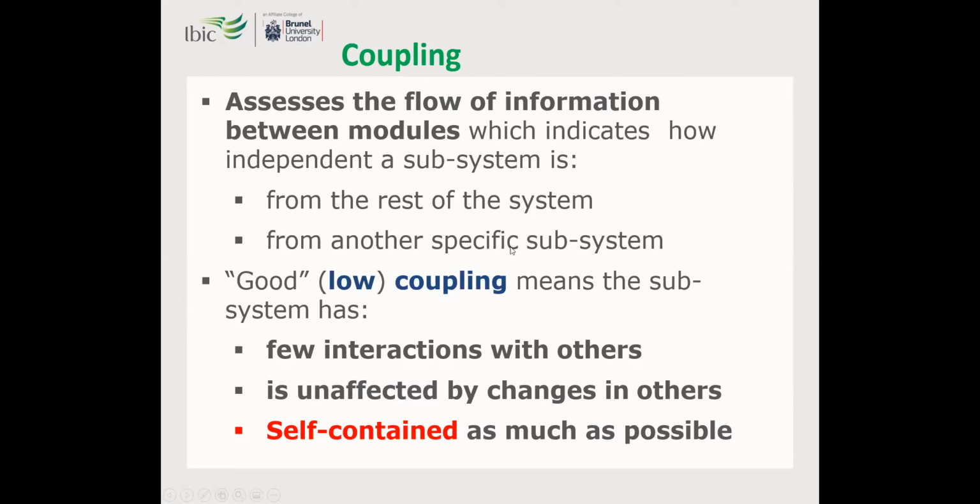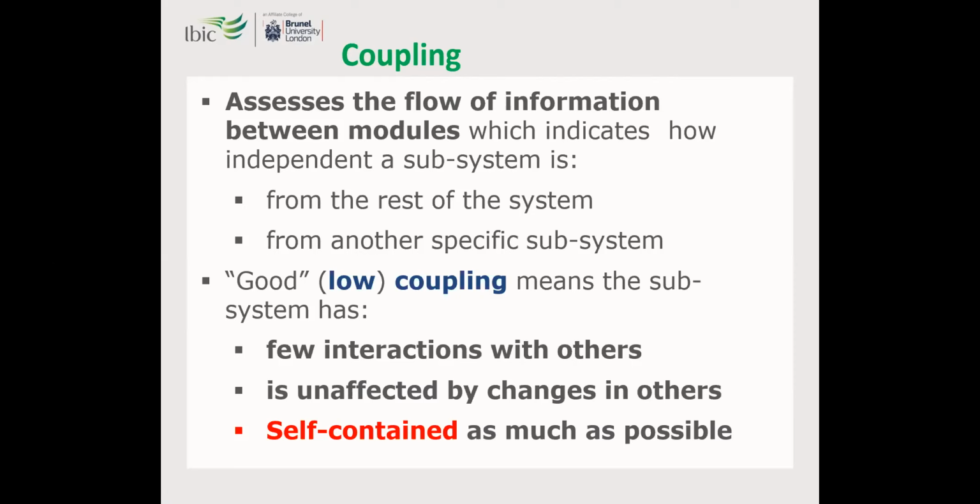Independence can be based on two different categories. When we say good, we mean there should be low coupling. So if they are less dependent, they are going to provide a better system, right?